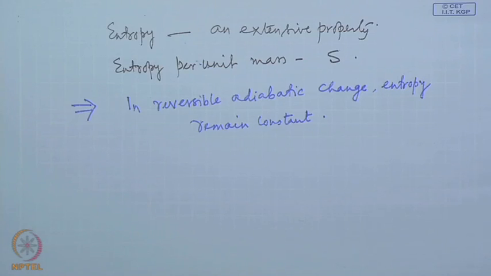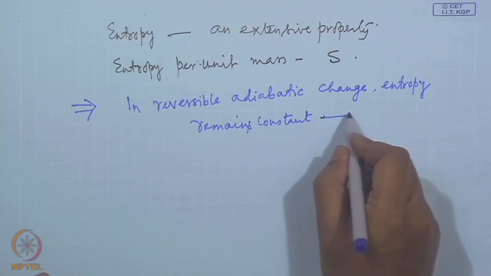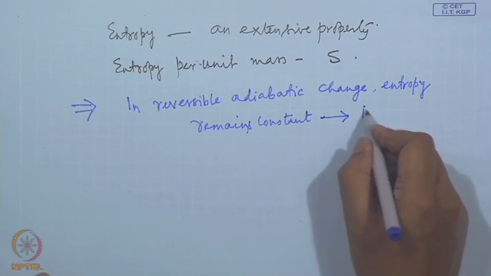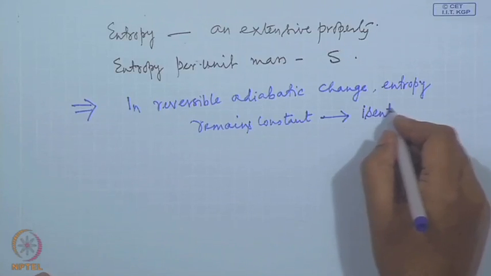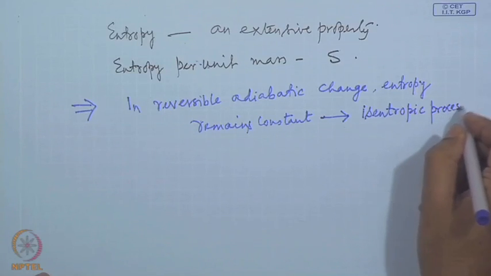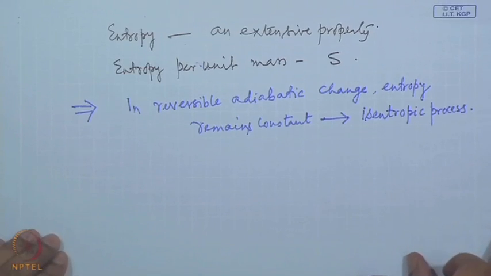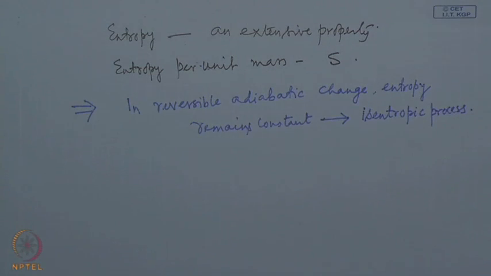Now, any process in which the entropy remains constant is an isentropic process. The processes in which there is no heat transfer and the processes are reversible are called isentropic processes.